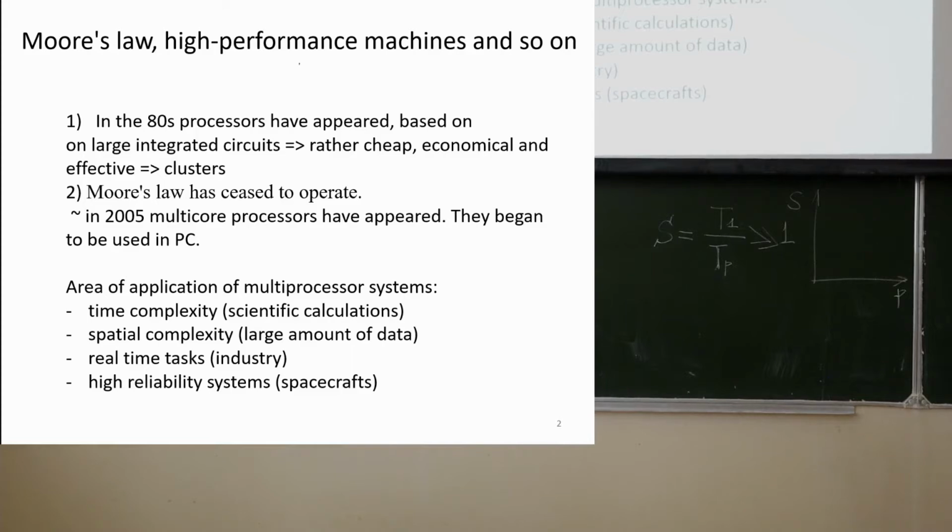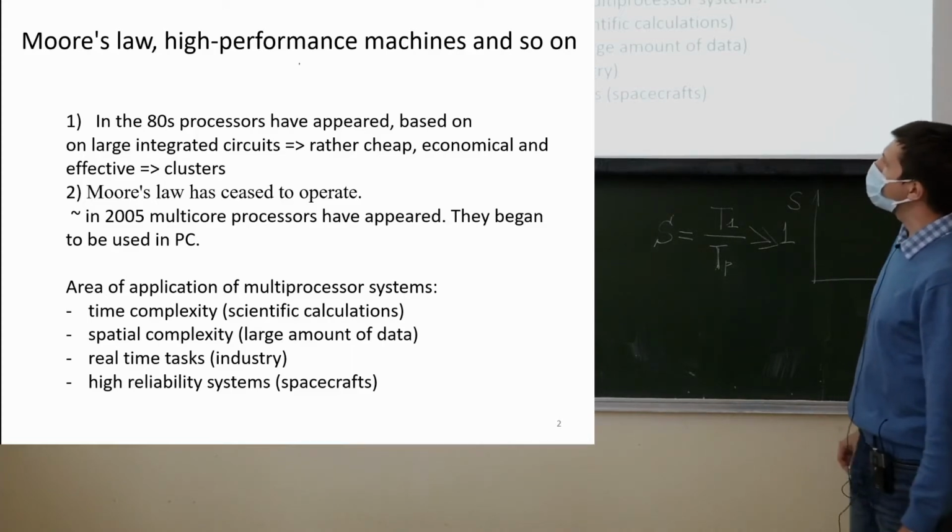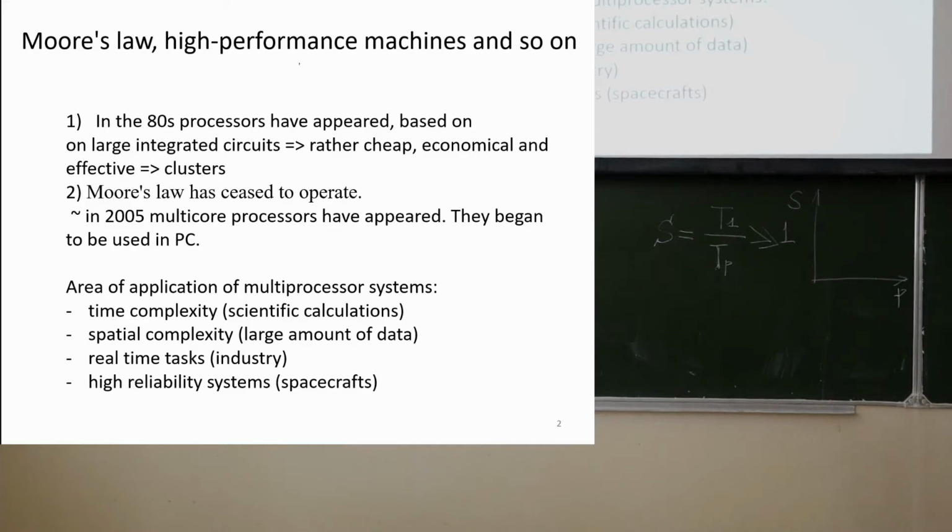Which other areas? For example, there is so-called spatial complexity, which you may hear of as the big data problem. Big data in Google, Yahoo, and so on. How to deal with big data of the internet. So this is another application of high-performance machines. Another area is real-time tasks.